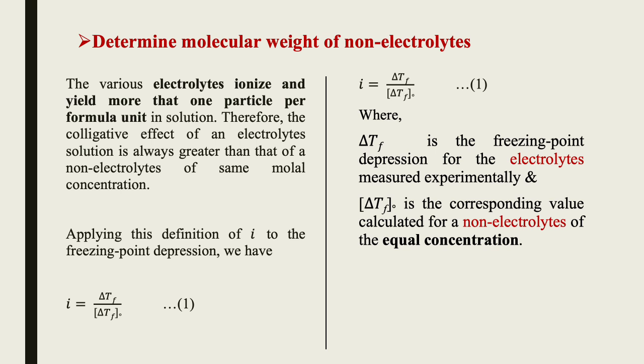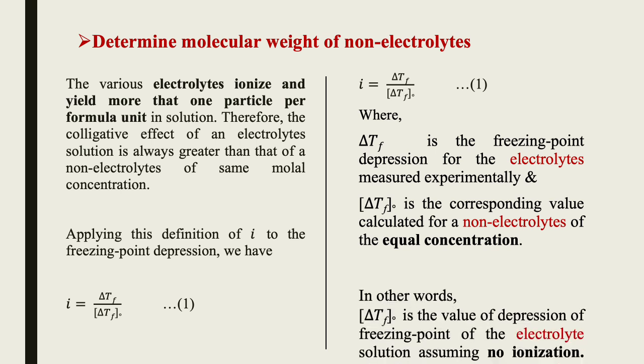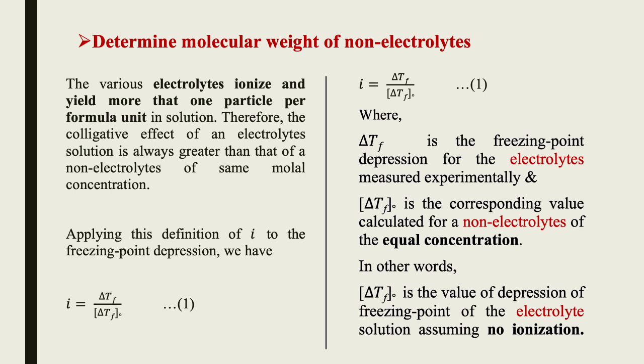In that way you get equal concentrations. In other words, delta Tf naught is the value of depression of freezing point of the electrolyte solution assuming no ionization. So in that case we have to assume that there will be no ionization.